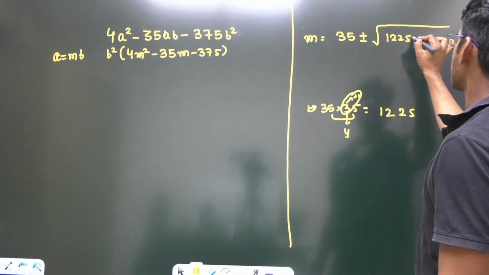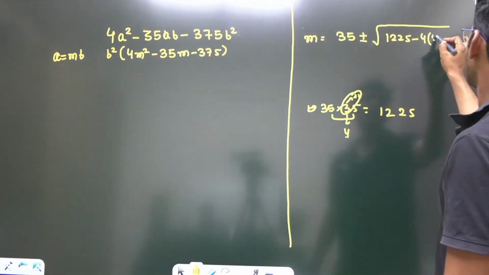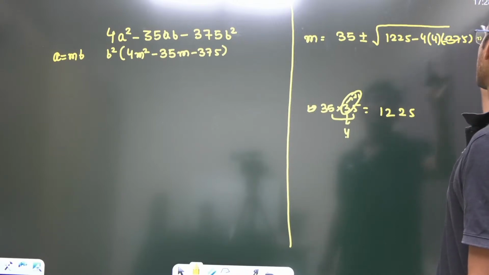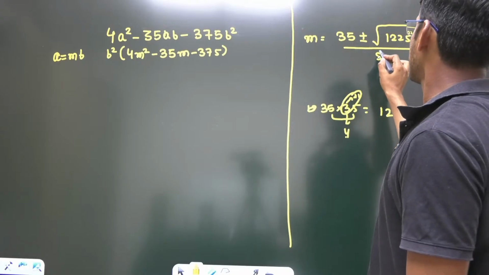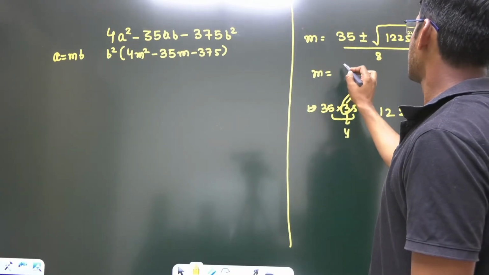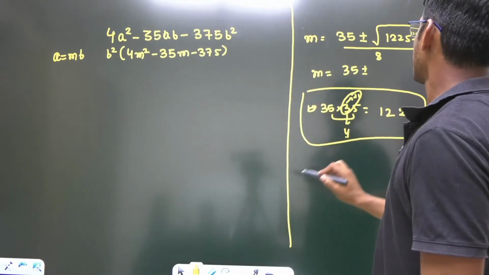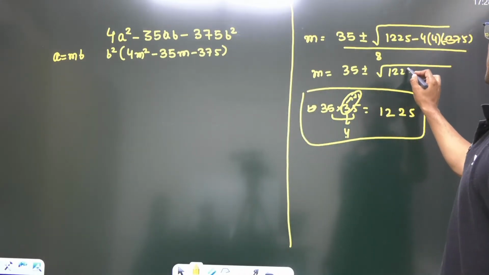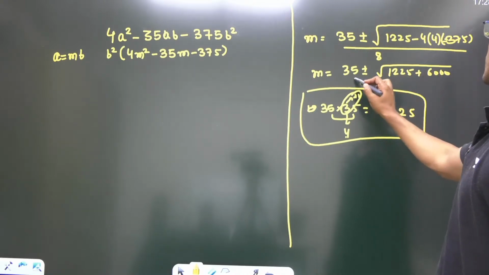Minus 4 ABC. Minus 4 times A is 4, times minus 375. Okay, upon 2A. 2A is 8. M is 35 plus minus, I'll just make a box of it, under root of 1225 plus 6000, upon 8.